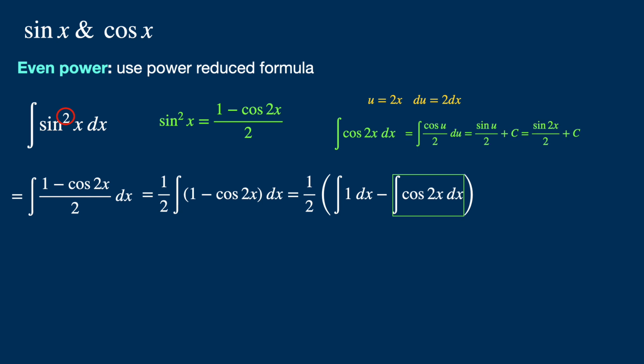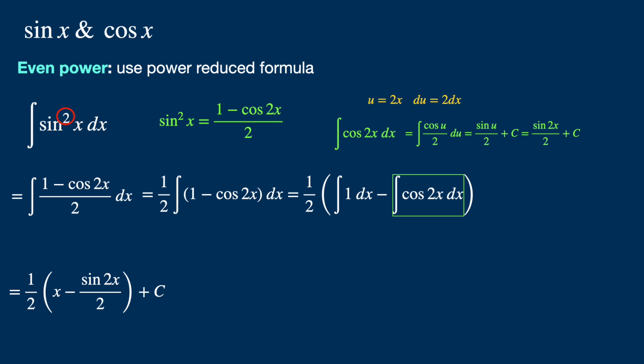That's going to be the integral of cosine u over 2 du, which is sine u over 2 plus c. Plugging back, sine 2x over 2 plus c. Guys, make sense?